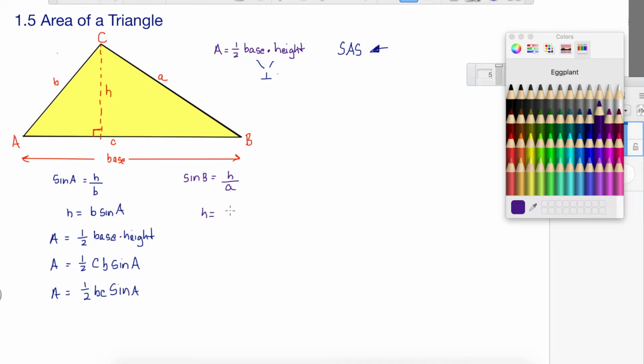Solve for H, we get A sine B. And then if we substitute this into our equation, area equals 1/2 base times height. Our base here is still C, so it's going to be C times, and our height now I'm going to substitute A sine B. And I'm just going to rewrite the A and C. So it's 1/2 AC sine B.